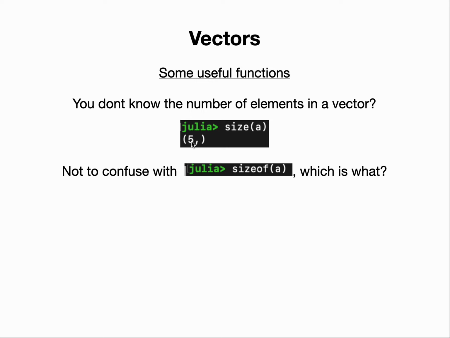So here it's 5, nothing else, because it's a one-dimensional array, and the only dimension there is has 5 elements. And it's not to be confused with the function sizeof. Remember, we used sizeof before. Sizeof will return you the size in bytes and not in number of elements.